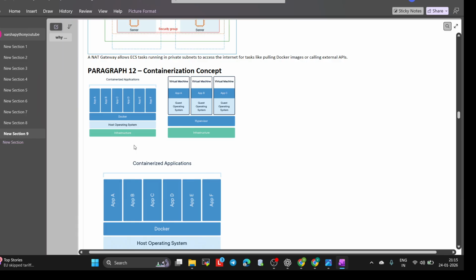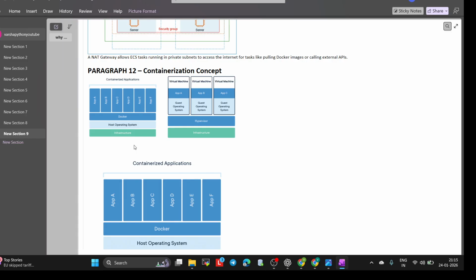Now moving to the second thing, that is the containerization concept based on Docker. In simple terms, containerization means packing an application with its dependencies. That is a containerized application.